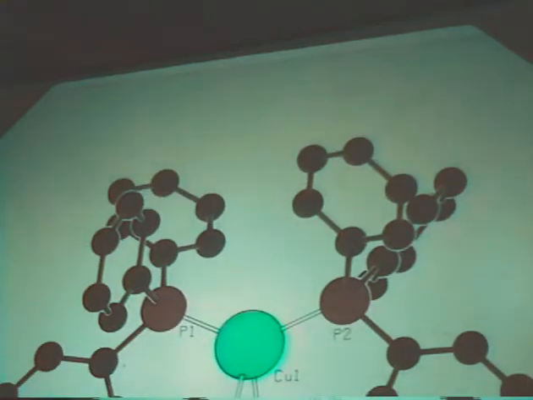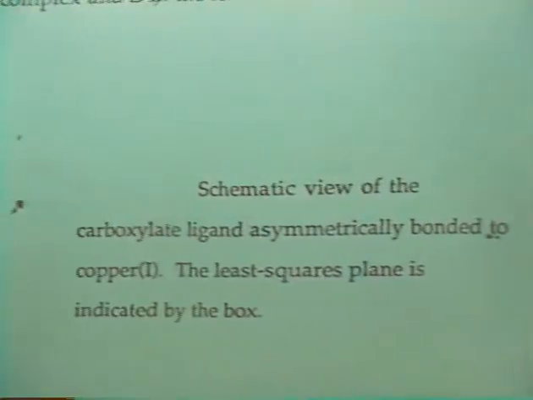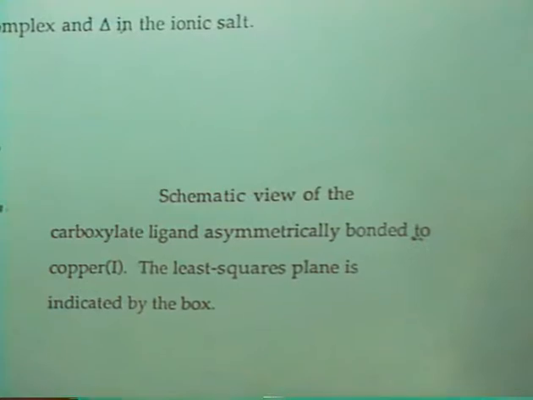There's the acetate, and we have structures of all of them. I'm not going to show you all of them because I'll summarize that on this view graph. Copper-1 is a d10 metal, and it really doesn't care whether it has 4 ligands or 3.